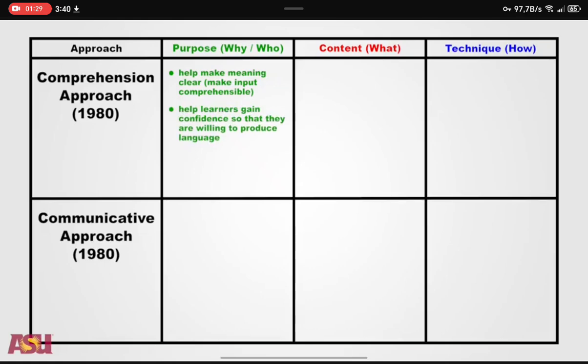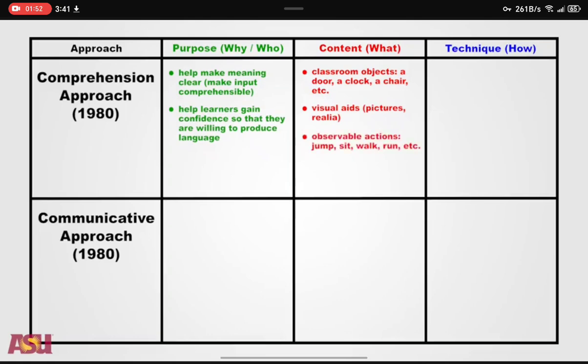Teachers in the comprehension approach try to help students understand target language input by using physical objects like desks, chairs, walls, doors, clocks, etc. They may also use representations of real objects like plastic fruit or pictures and other visual aids.